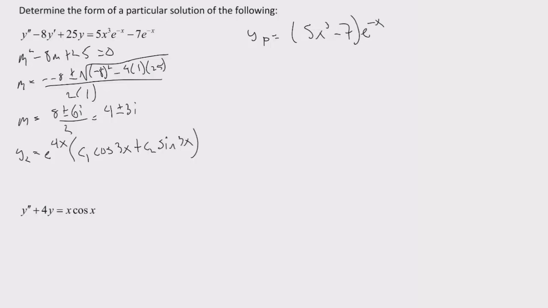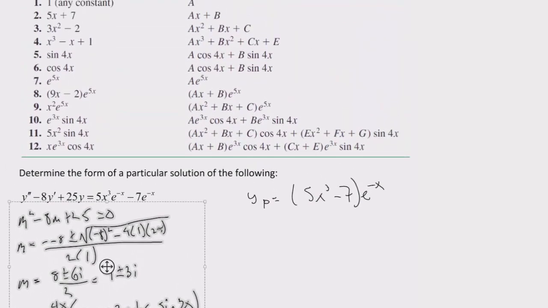So I want to go back up into that chart and look for something that looks closest to that, where I've got some function of e with a polynomial, and it looks like that 9th entry, the x squared e to the 5x, is the closest format for us.